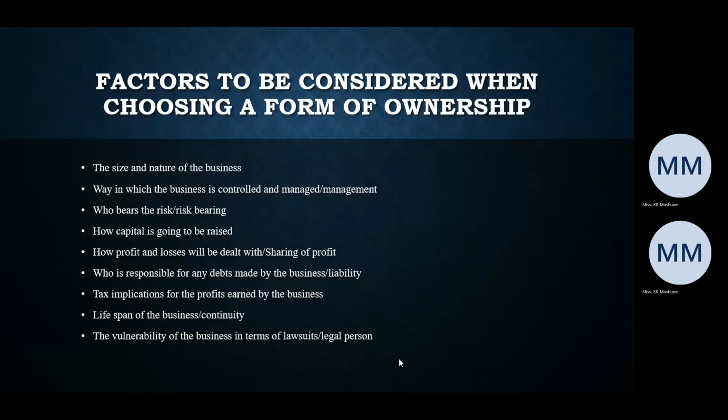These factors include the size and nature of the business, the way in which the business is controlled or managed, who bears the risks, how capital is going to be raised, how profit and losses will be dealt with, who is responsible for any debts made by the business, tax implications for profits earned by the business, the lifespan of the business, and the vulnerability of the business in terms of lawsuits.